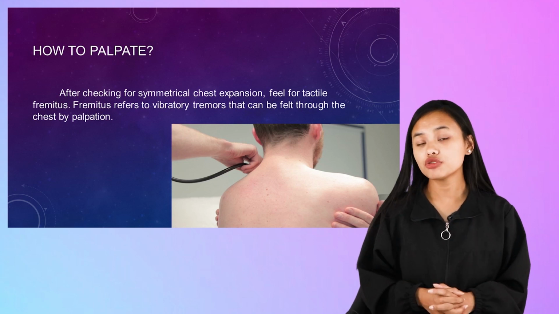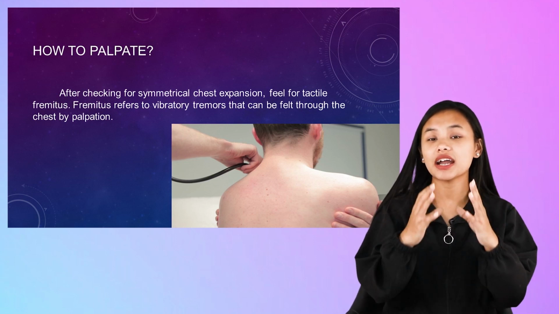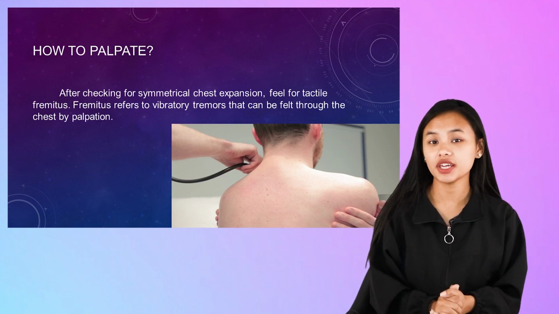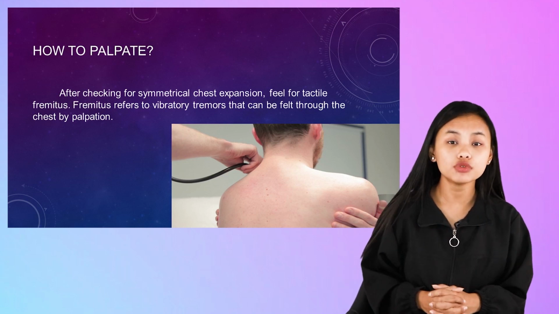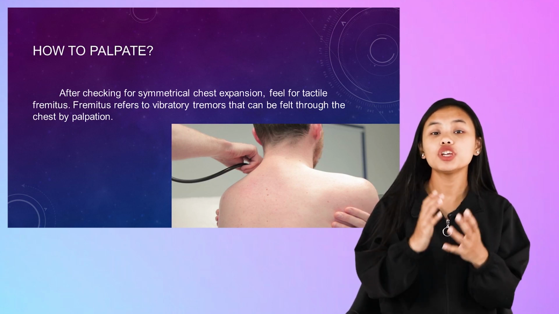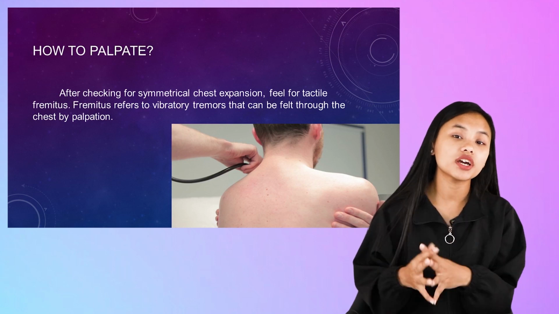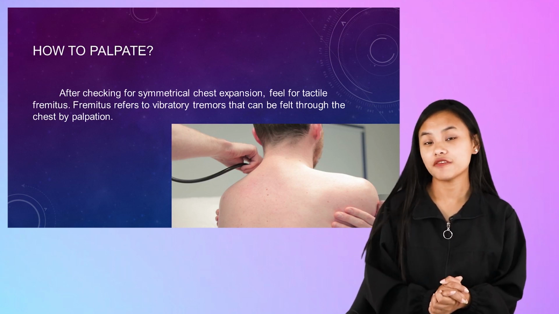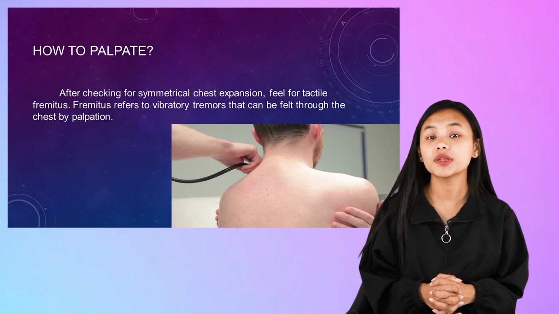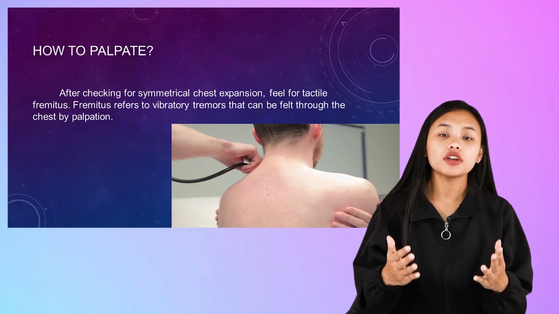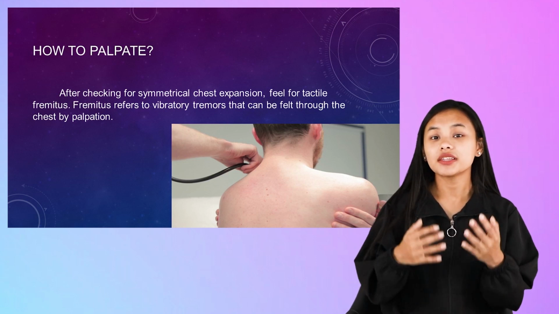In order to assess tactile fremitus, you can tell the client to say 99 or blue moon. While the client is speaking, palpate the chest from one side to the other. Why? Because tactile fremitus is mainly found over the main stem bronchi near the clavicles in the front or between the scapula in the back.